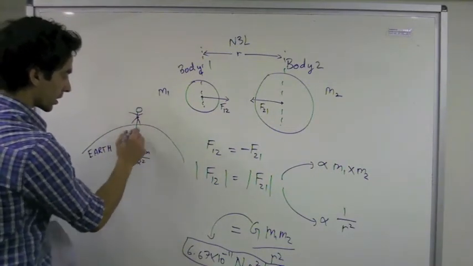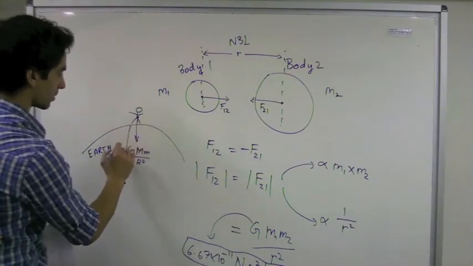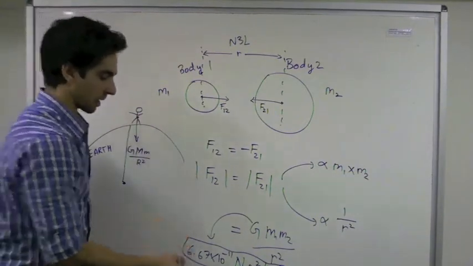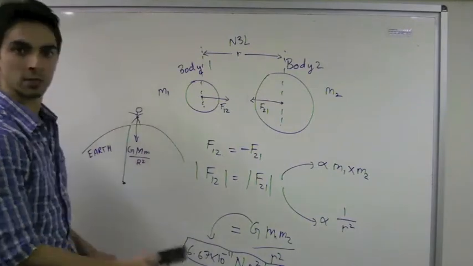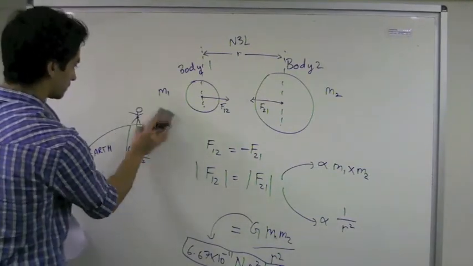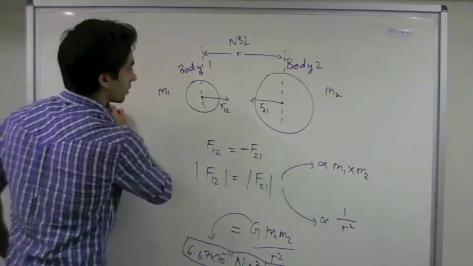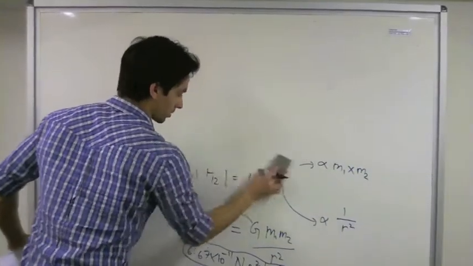Here, r is the distance between the man and the center of the Earth. Capital M is the mass of the Earth, small m is the mass of the man. Again, the man will also attract the Earth with the same force in the opposite direction. So that is gravitational force.